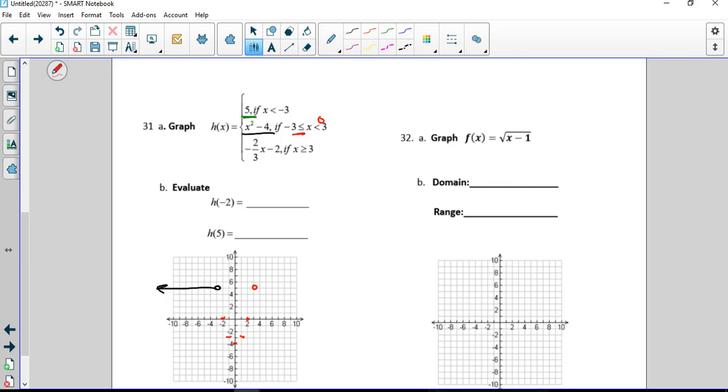Now remember in class I talked about this. In this case, you might want to put a solid dot for the 1 number.